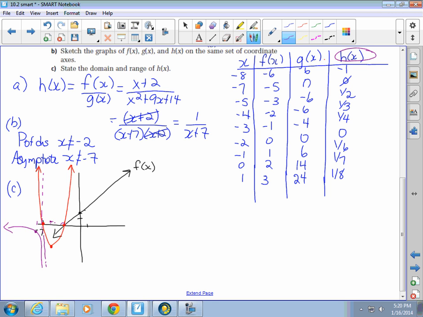So I'm actually going to have an open dot right there. And then my graph would continue through. -1, it was at 1/6, so it's getting closer. And then at 0 is 1/7. And at 1, it's over here. So my graph is going like this. It's going down. It hits that point of discontinuity. It stops, and then it starts up again.